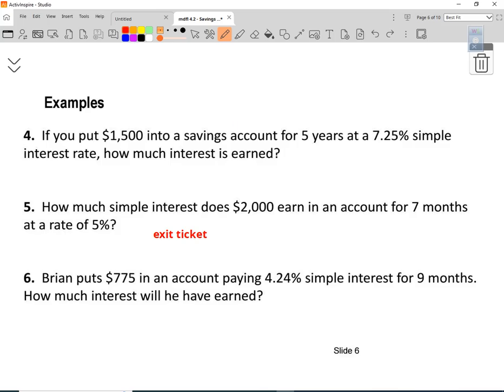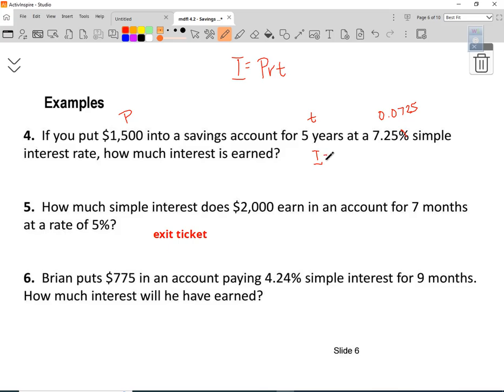Right, if you put $1,500 into a savings account for 5 years and you earn 7.25% simple interest rate, how much interest is earned? Still say this is always a simple interest rate formula. The beginning amount is our principal. This is our time. Now this rate, drop the percent and divide that by 100 and you'll get 0.0725.